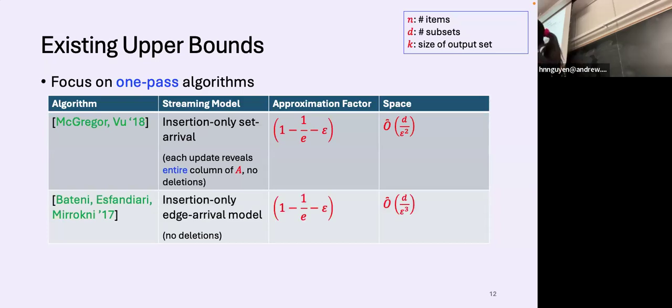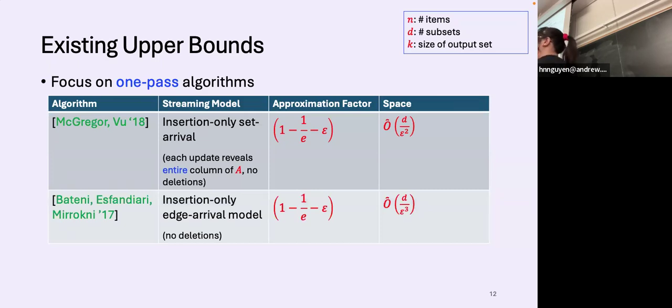And the second work, which was concurrent work, is from Bateni, Esfandiari, and Mirrokni in 2017. This is going to be a stronger model. So we are in the insertion-only edge arrival model. What this means is that I still don't have any deletions, I'm still only having insertions, but I don't see each subset in its entirety.